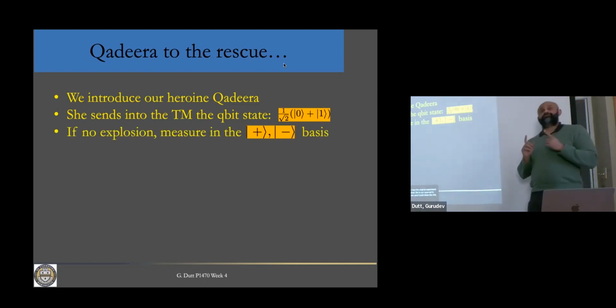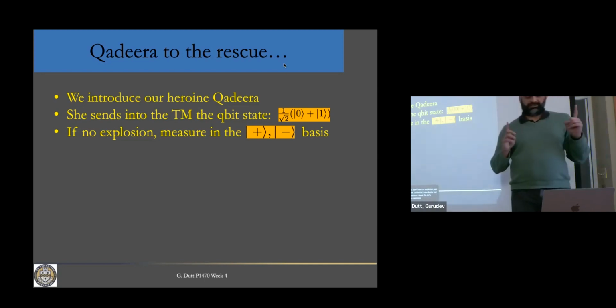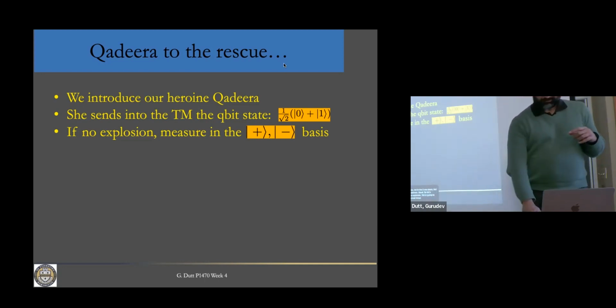And if we don't have an explosion, we are going to measure not in the 0-1 basis, but in the plus-minus basis. Okay? So let's remember that. No explosion, we're going to measure in the plus and minus basis.